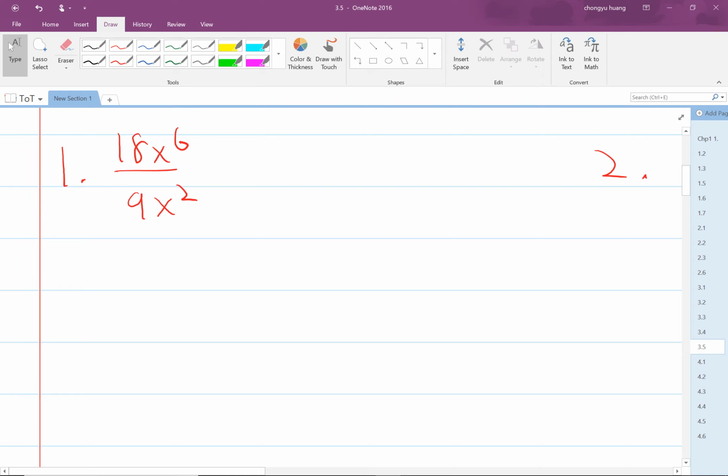In question 1, we have 18x to the power 6 over 9x to the power 2.